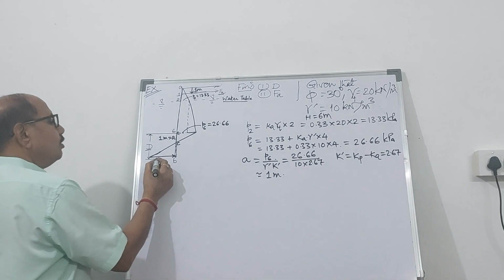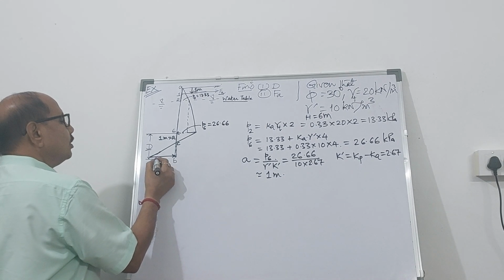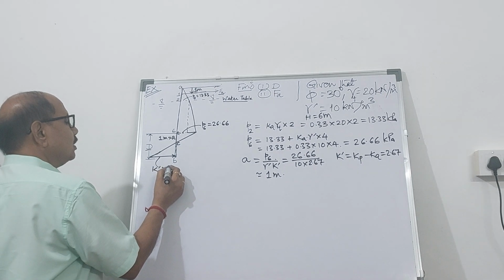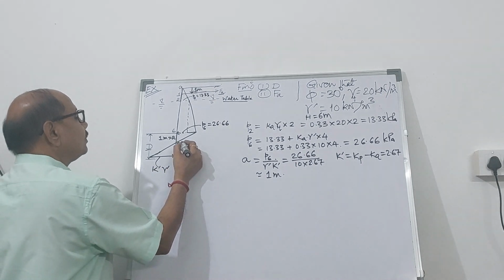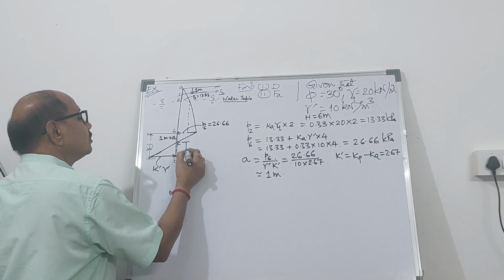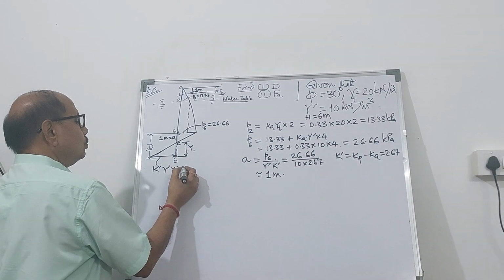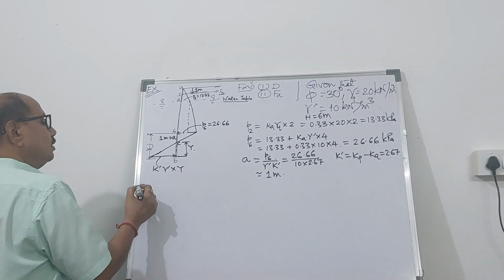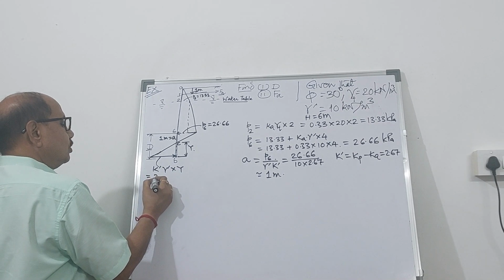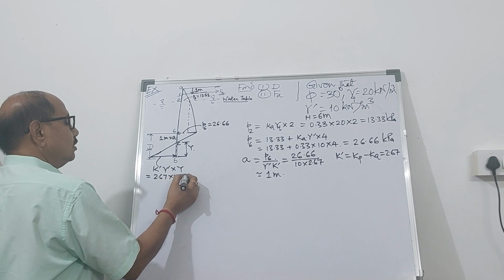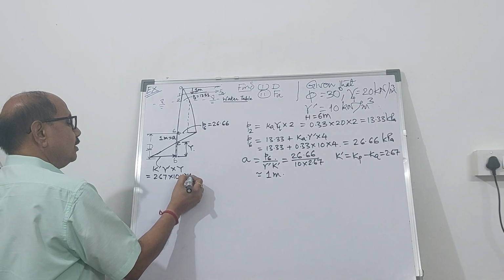And this value at point B is going to be K prime, gamma prime, and if this distance is y, so into y. So if you calculate it, 2.67 into 10 into y.